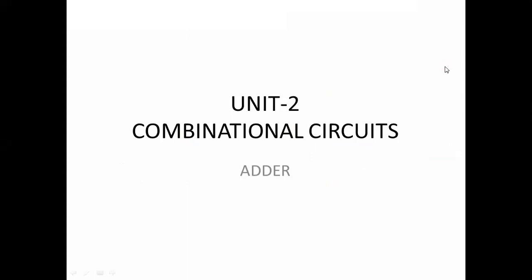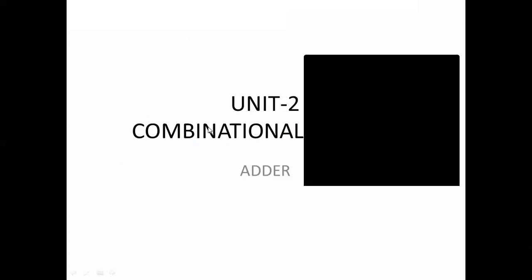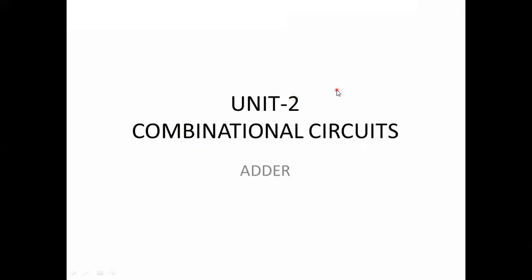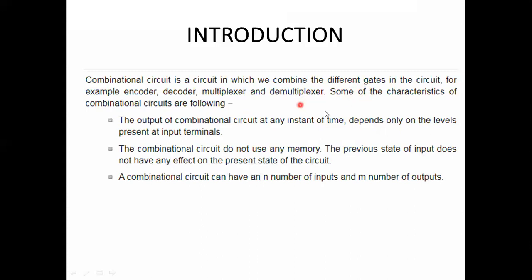Special gates are exclusive OR and exclusive NOR gate. So by using the logic gates, we design the combinational circuits. What are the examples for these combinational circuits? Adder, subtractor, encoder, decoder, multiplexer, and demultiplexer. These are the examples.